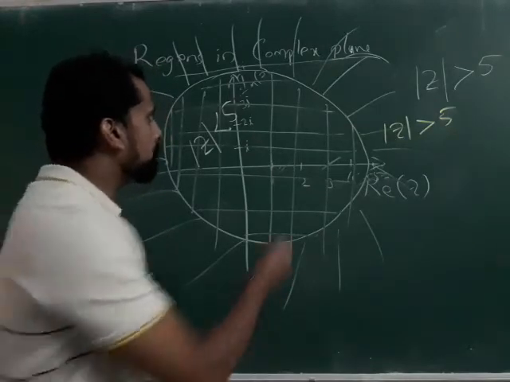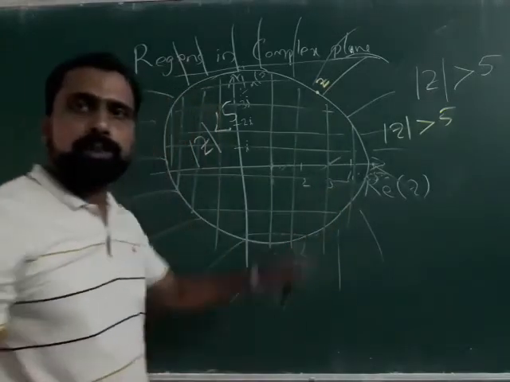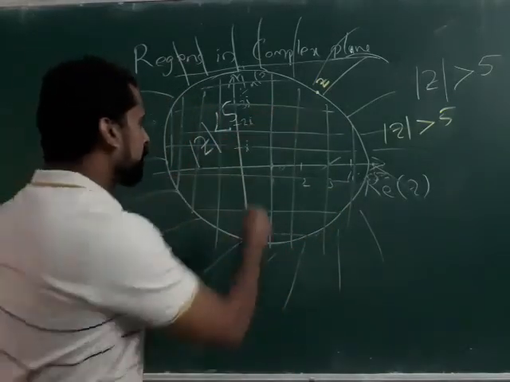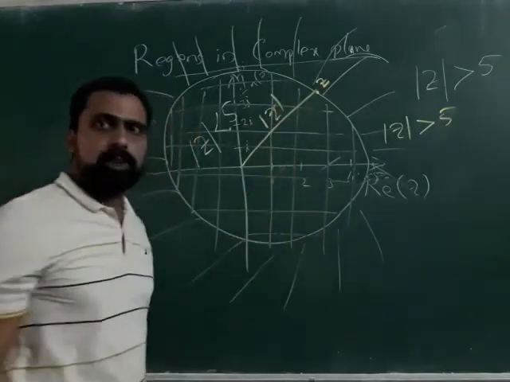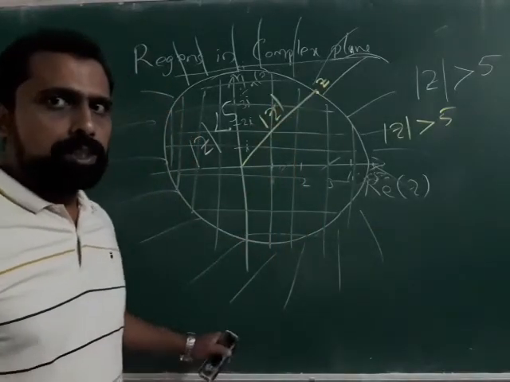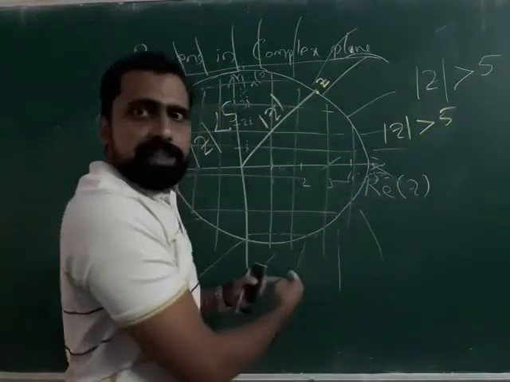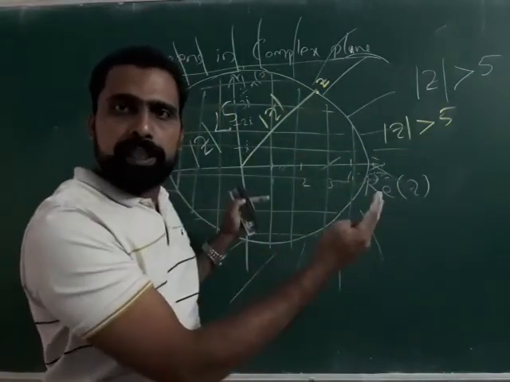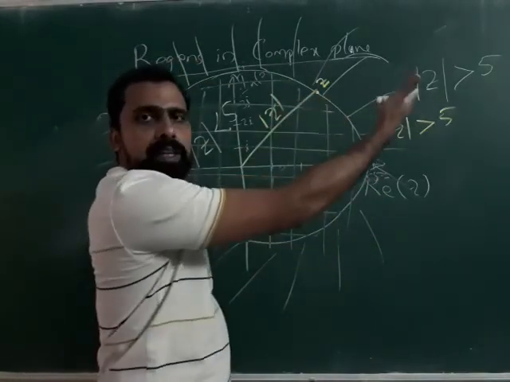If you have any point z on this complex plane, this will give you mod z. I already told you. So the region where mod z is greater than 5 means all the points in this complex plane where mod z becomes greater than 5.